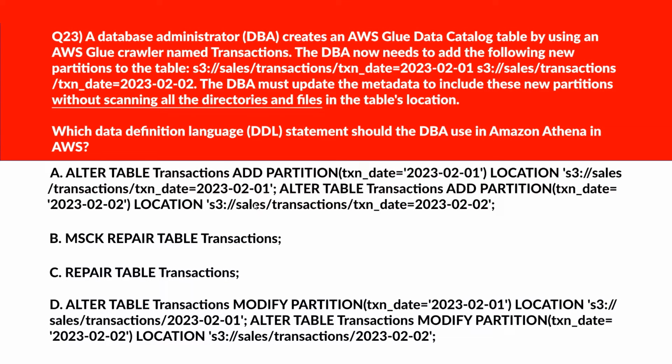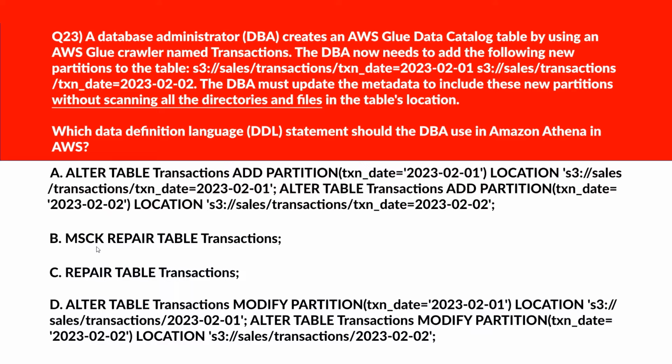Alright, now let's look at this question. This is all about adding new partitions without scanning all directories and files in the table's location. Let's look at option A. If you look at option A, this option adds the new partition to the table without scanning all files and directories, which is what is required, right, as per the question here. We'll park this.